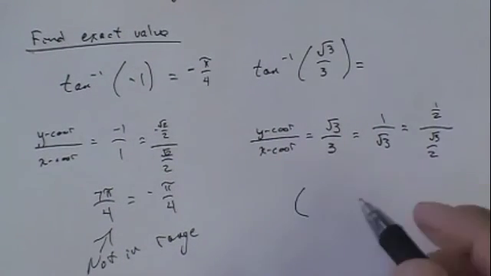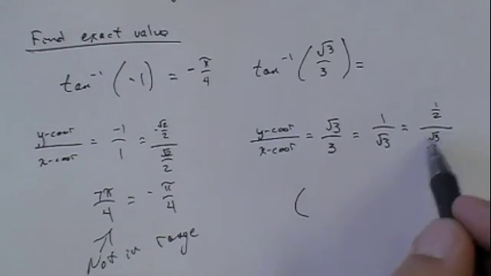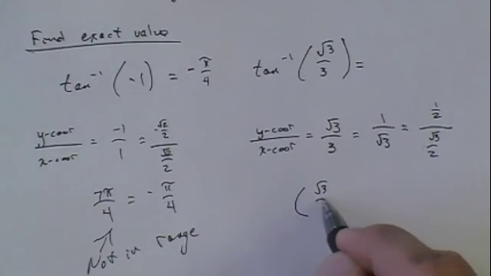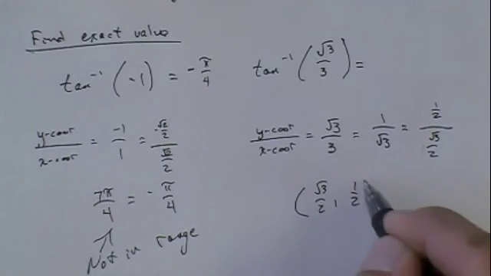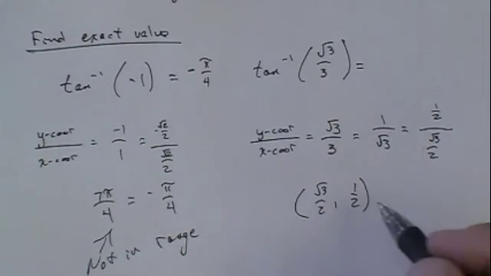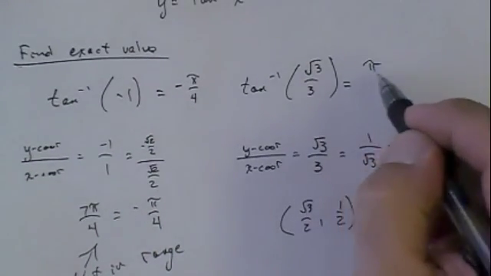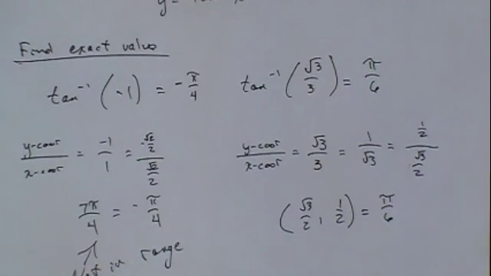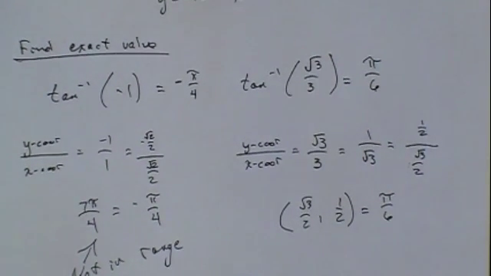So we're looking for coordinates of, here's our y coordinate, here's our x coordinate, square root of 3 over 2 and 1/2. Where does that happen on the unit circle? That's at pi over 6. So here, inverse tangent of square root of 3 over 3 would be pi over 6.